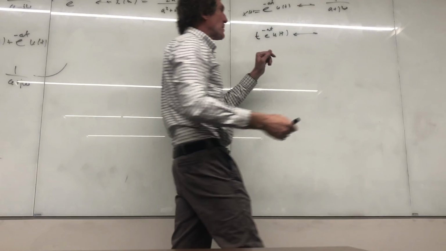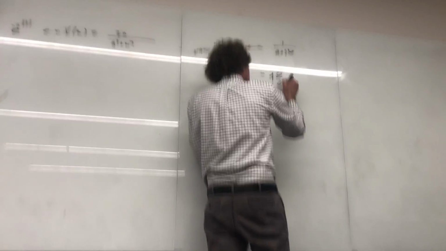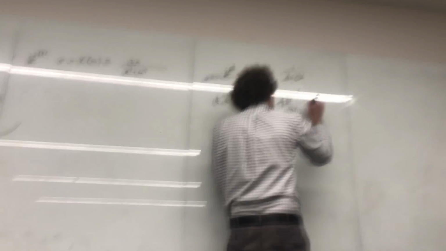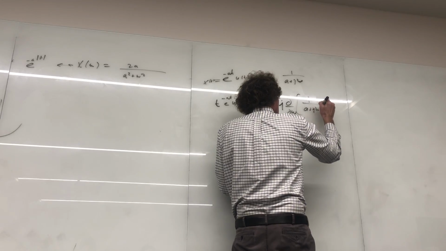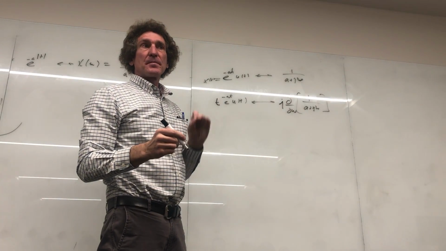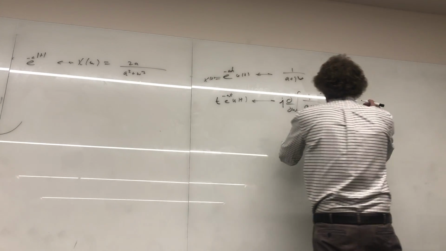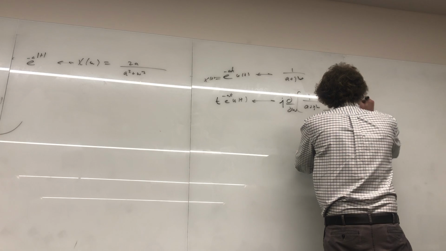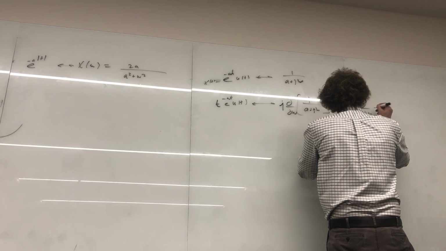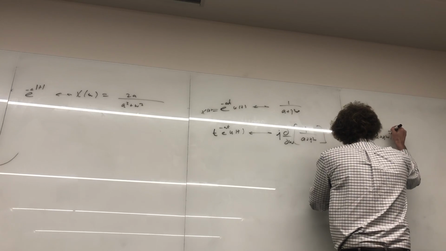Now, when I multiply it by t, what's required is I put j times the derivative with respect to omega of 1 over a plus j omega. Sometimes I have to do this because people don't see this operation clearly. Well, this is really equal to j times the derivative with respect to omega of (a plus j omega) to the minus 1.